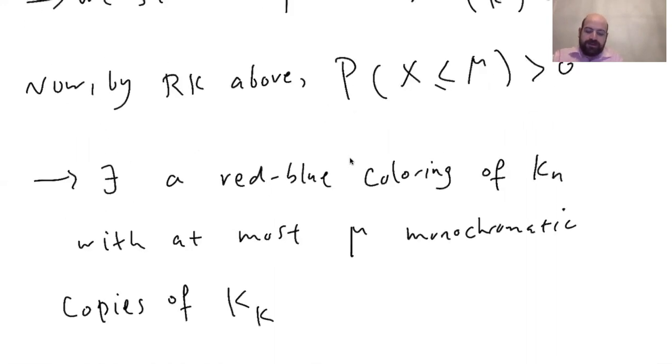So P of X less than or equal to mu is positive, which means there exists a red-blue coloring of Kn with at most mu monochromatic copies of Kk.